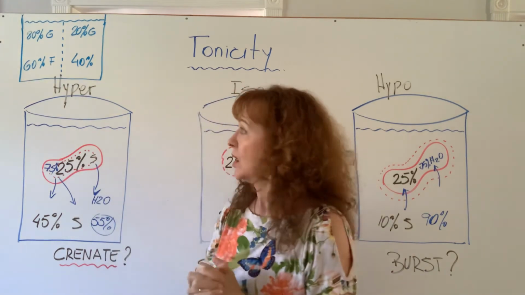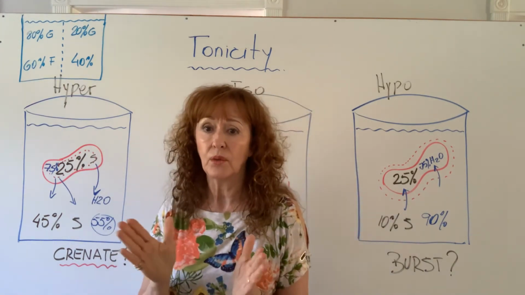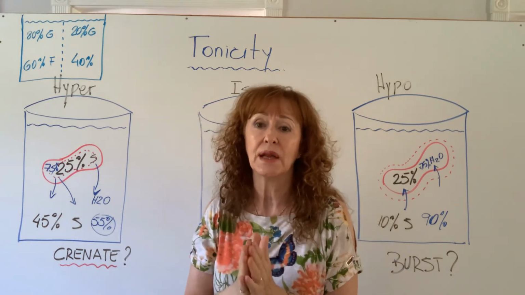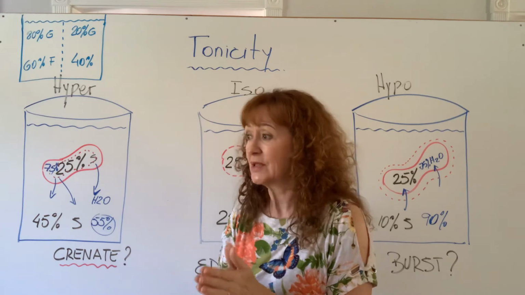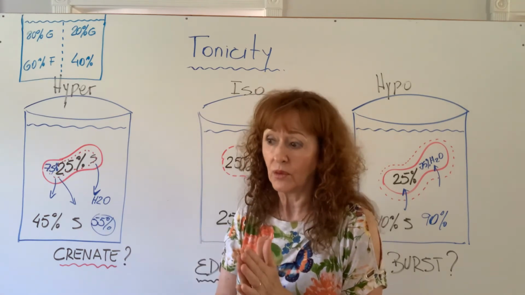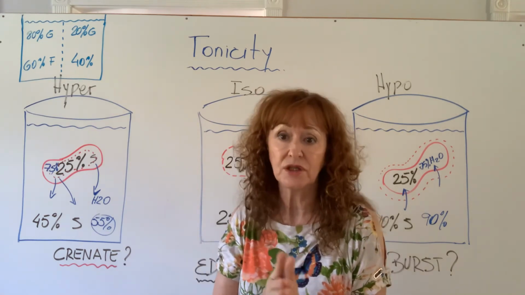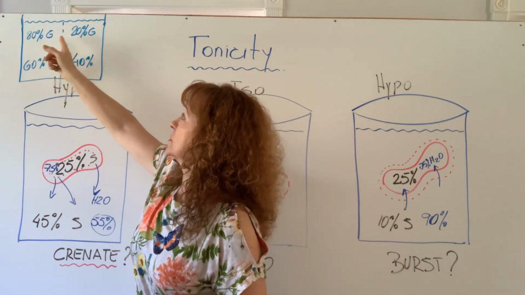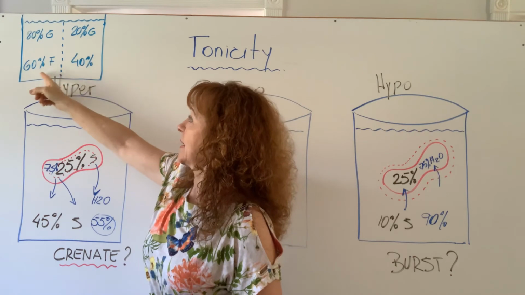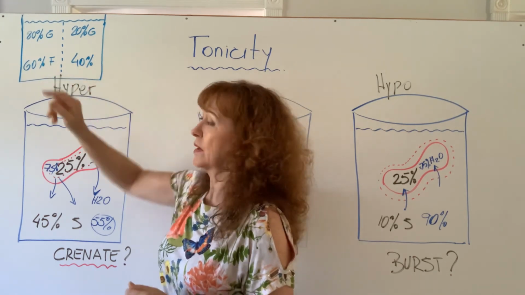If I'm asking you which one is going to diffuse, probably the first thought, if you studied, is that the solute will move from the higher concentration to the lower concentration. So the higher glucose is going to move over here, and the higher fructose is going to move over here.